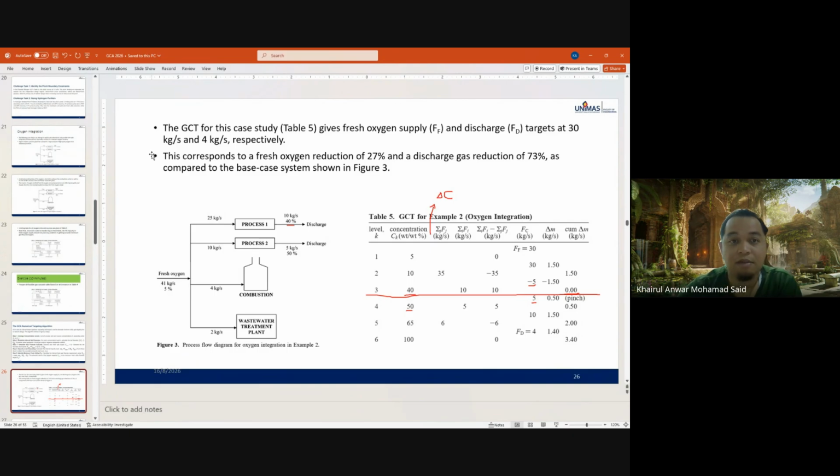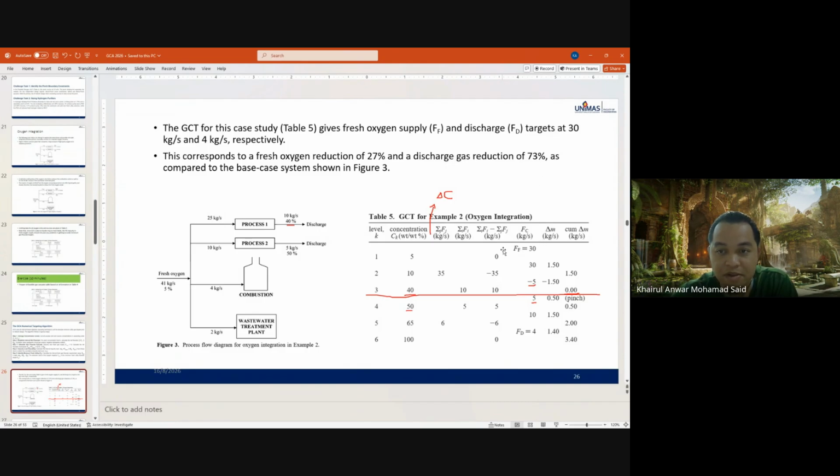So the GCT for this case study, table 5, gives the first students apply discharge of kg per second, so displacement of fresh injection.